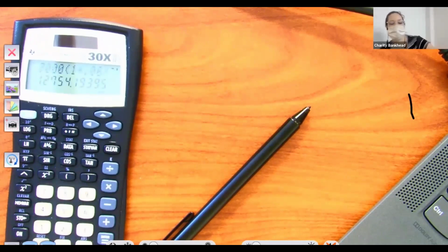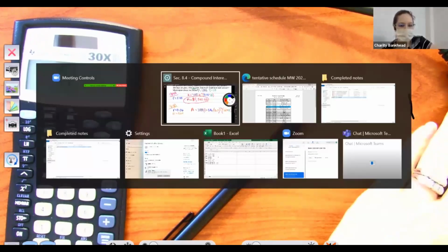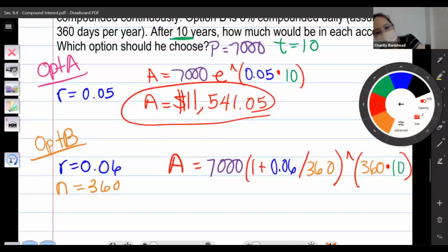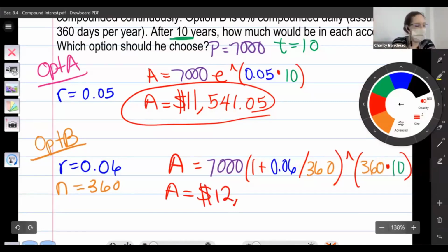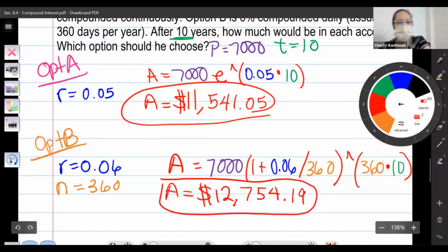So that's $12,754.19. So option B is the one he should choose.